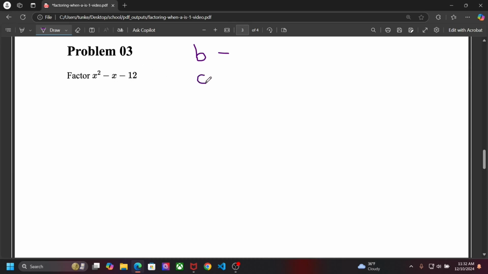So c is negative as well. So when b and c are both negative, we're looking for one positive and one negative factor, but the negative factor has to have an absolute value larger than the positive factor, because when you add the negative and the positive together, when you're thinking of foiling it, if you're going the other way, it has to add to a negative.